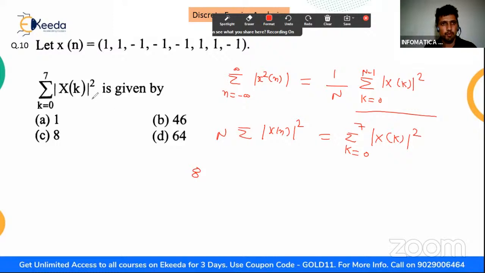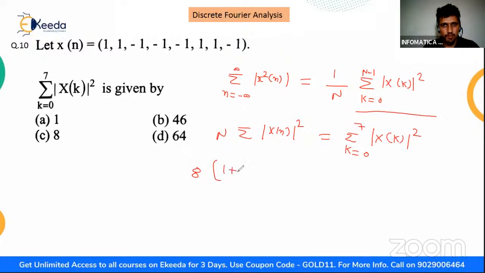There is basically an 8-point DFT, or 8-point sequence, multiplied by this square, 1 plus 1 plus 1, 8 times. This will be 8. So the final answer will be 64. This will be our answer. Let's clear and move to the next.